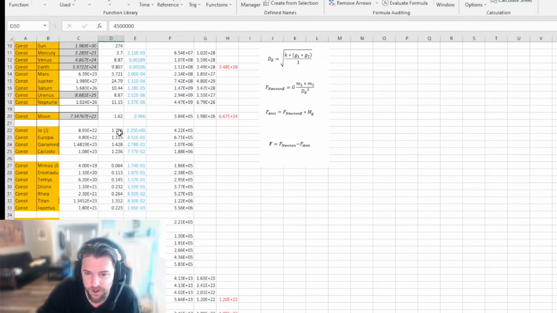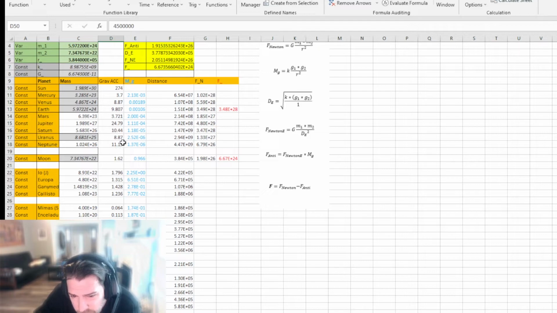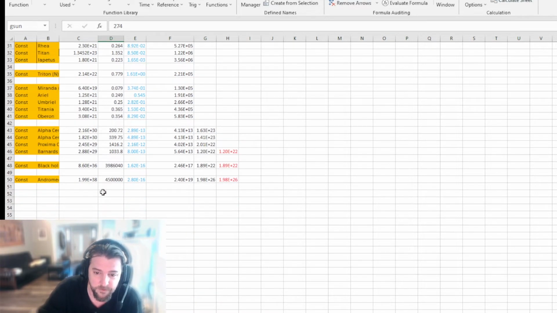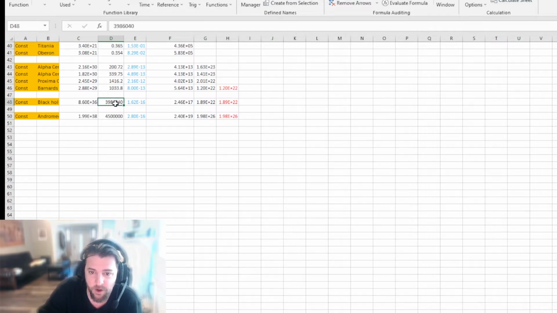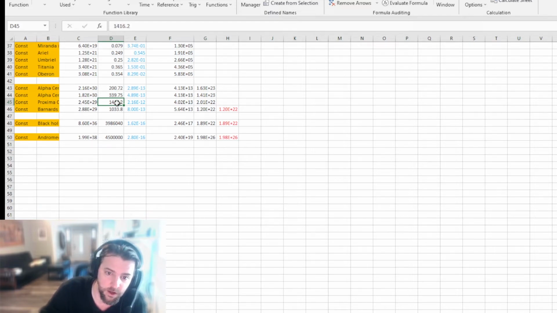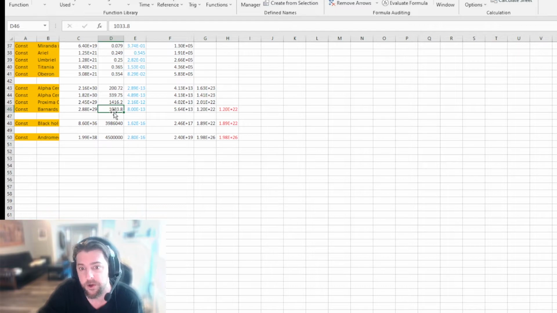Our sun is 274. Even our black hole is like 3.9 million. Other stars are more equivalent to ours, like 200, 339. Proxima Centauri is 1,400. Barnard's Star is over 1,000.